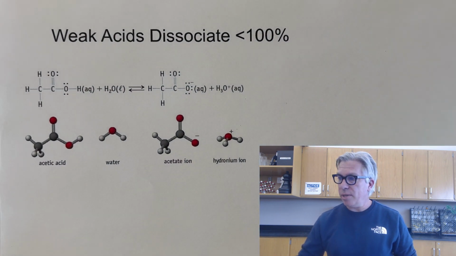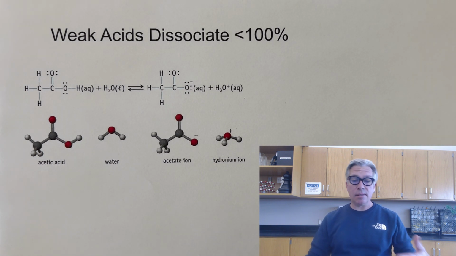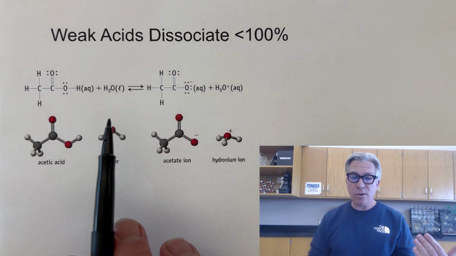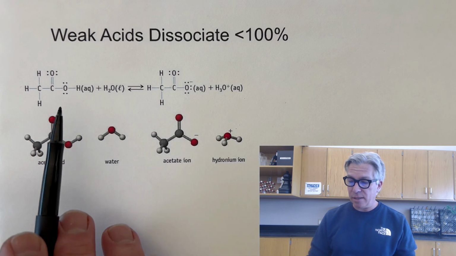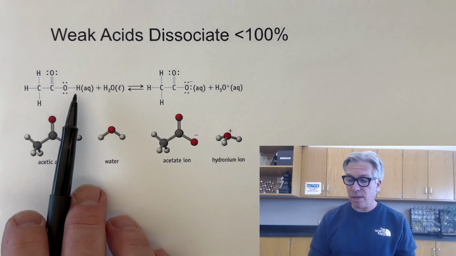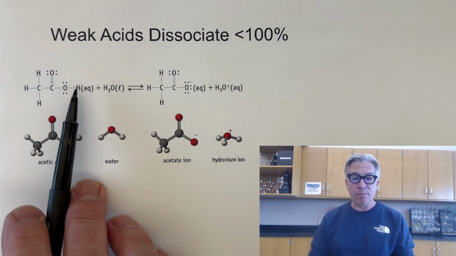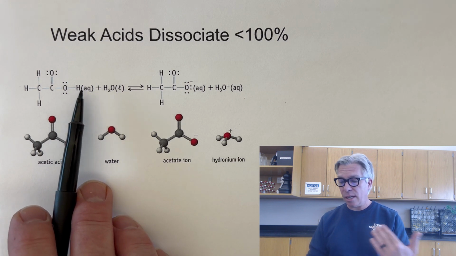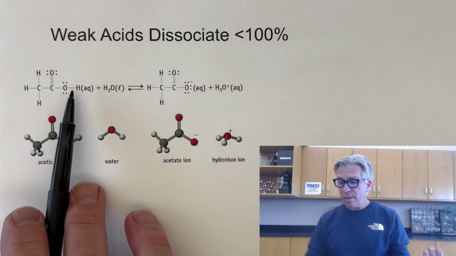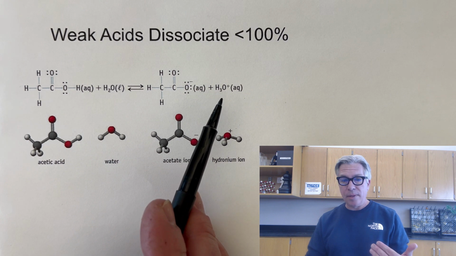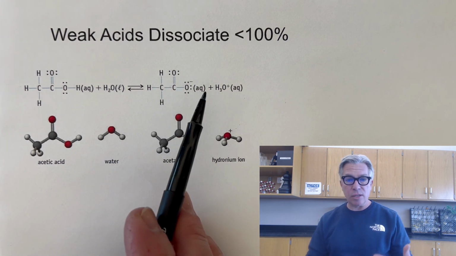All right, so if strong acids are the ones that donate 100%, what is up with the weak acids? The weak acids, they're acids, they'll give away some protons, but they don't do it 100% of the time. In fact, a lot of the times, most of the acid molecules still have their protons. They prefer to have those protons, but they'll set up an equilibrium where they donate some protons to the water, and that begins to increase in concentration.